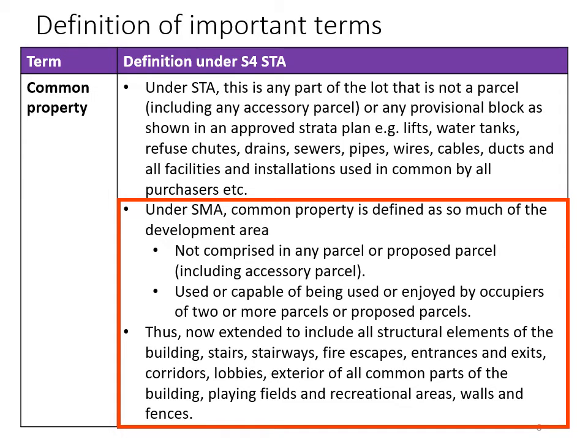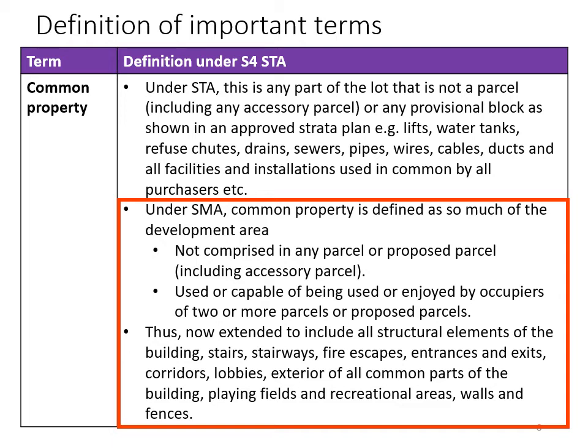It adds there that the common property is capable of being used or used by occupiers of two or more parcels. Occupier here could be the owner, could be the tenant. So as long as the development area is used or capable of being used by two or more occupiers of parcels, it can be defined as common property.